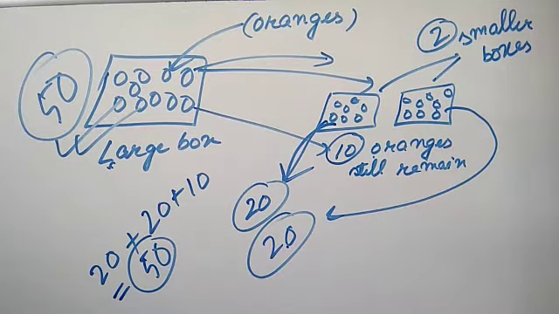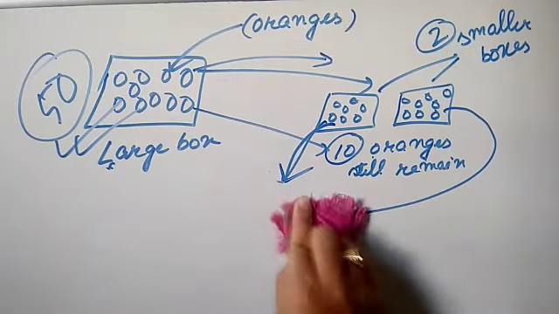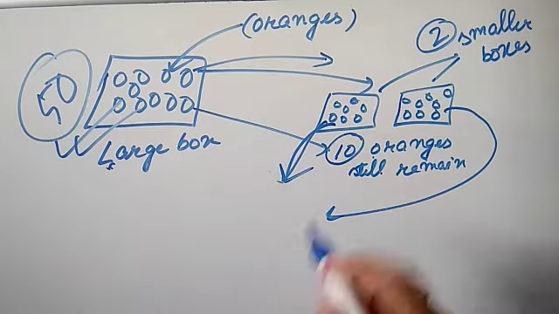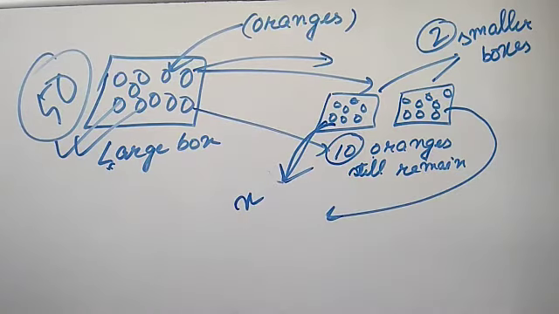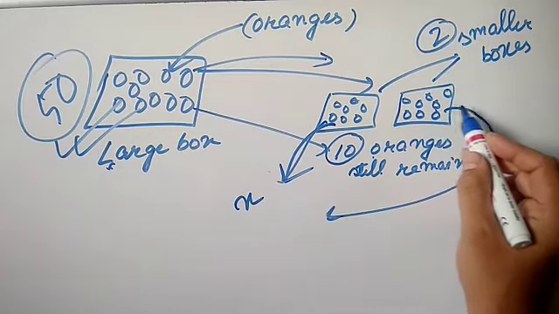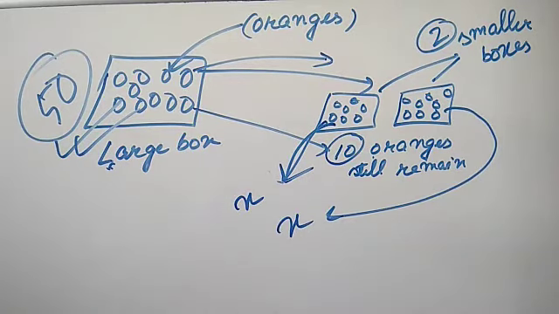But in our question, they ask us to take the number of oranges in one small box to be the variable x, right? So in another small box, the number of oranges will also be x, right?